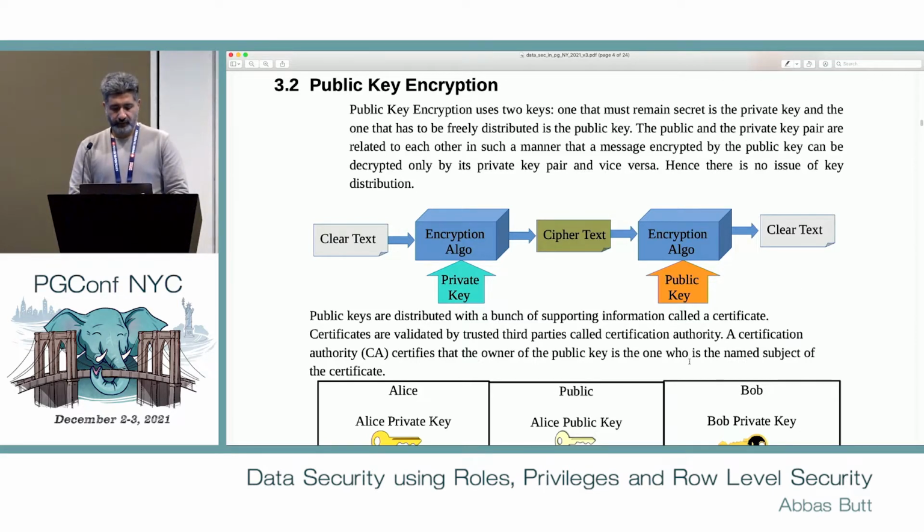So this is what is shown here. You have a clear text. You encrypt the secret message using the private key, and you share the ciphertext with the world, over the public network. And the decryption algorithm can use the public key to decrypt the message that was encrypted using the private key to get clear text.